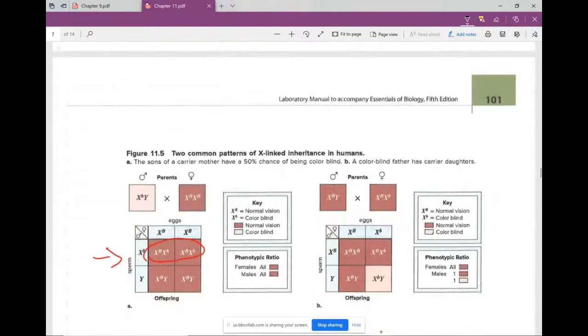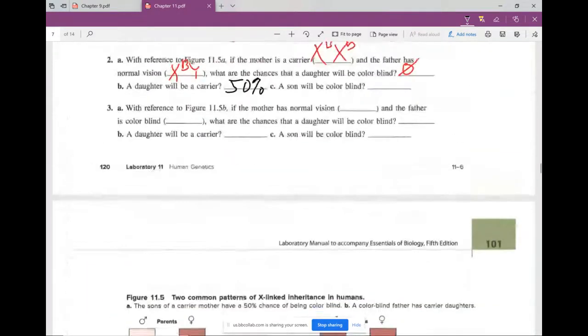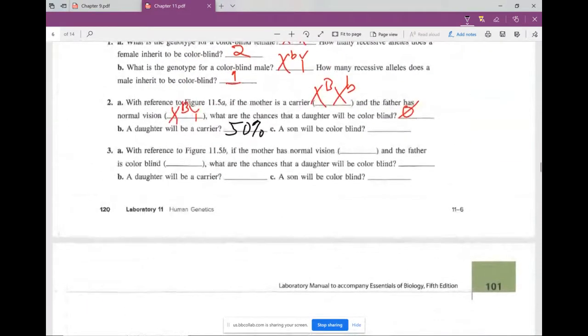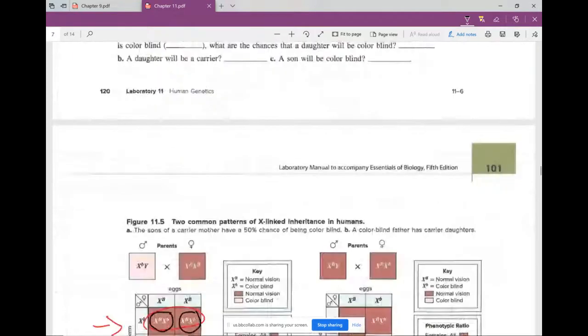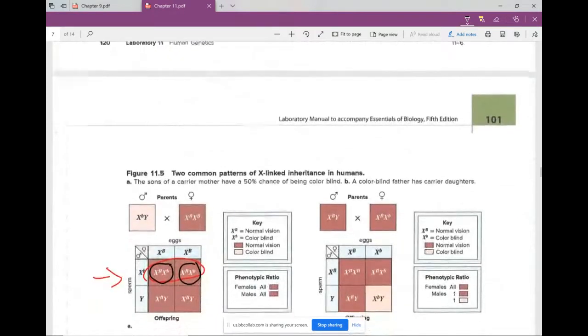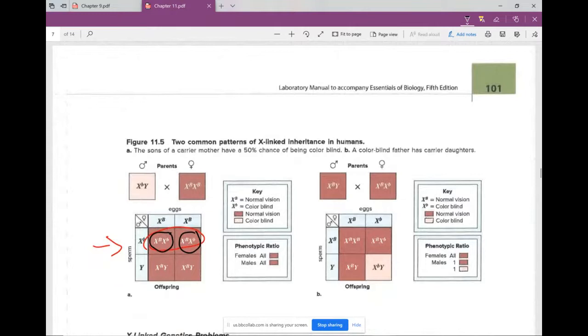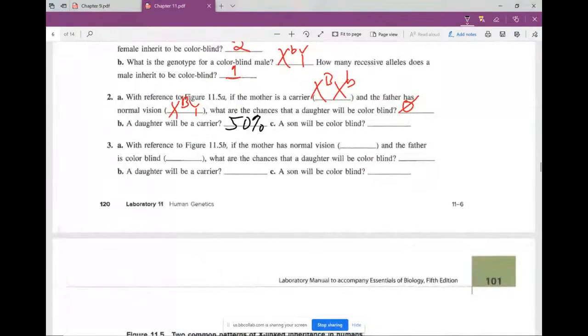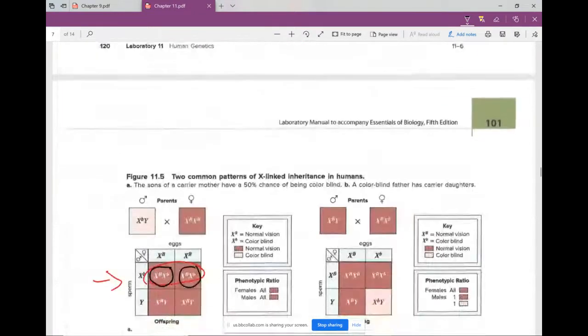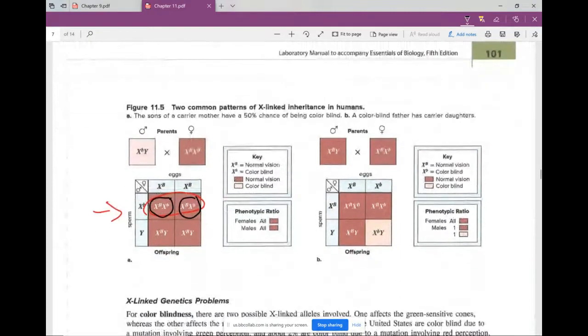Okay, take a look. One of the daughters is normal, and one of the daughters has... I apologize. Oh, wait a minute. I thought the father was normal. Again, I'm looking at the wrong one. No, I'm not. It says 11.5a. All right, so actually this is wrong here.